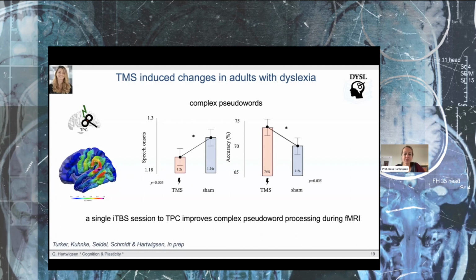We also found that a single session of this facilitatory TMS protocol improves performance, at least for complex pseudoword processing. We had a main effect of stimulation, but it was driven by the complex pseudowords, the most challenging condition. So we have improved accuracy and increased task efficiency for complex pseudoword reading after TMS relative to placebo stimulation.